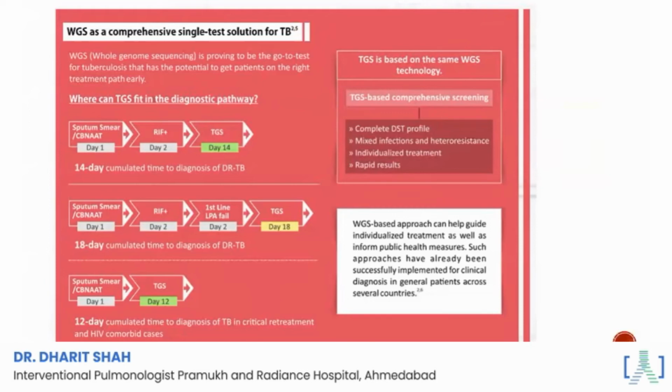And if you send it directly for whole genome sequencing, you can get each and every drug susceptibility within 12 days only. So: a complete DST report, mixed infection and heteroresistance detection, individualized treatment, and rapid results, which are the main advantages of WGS.